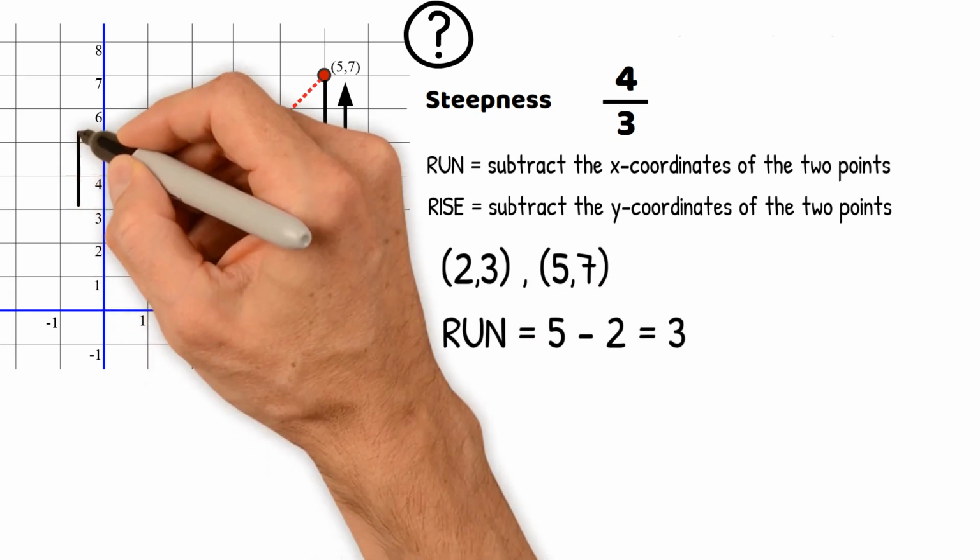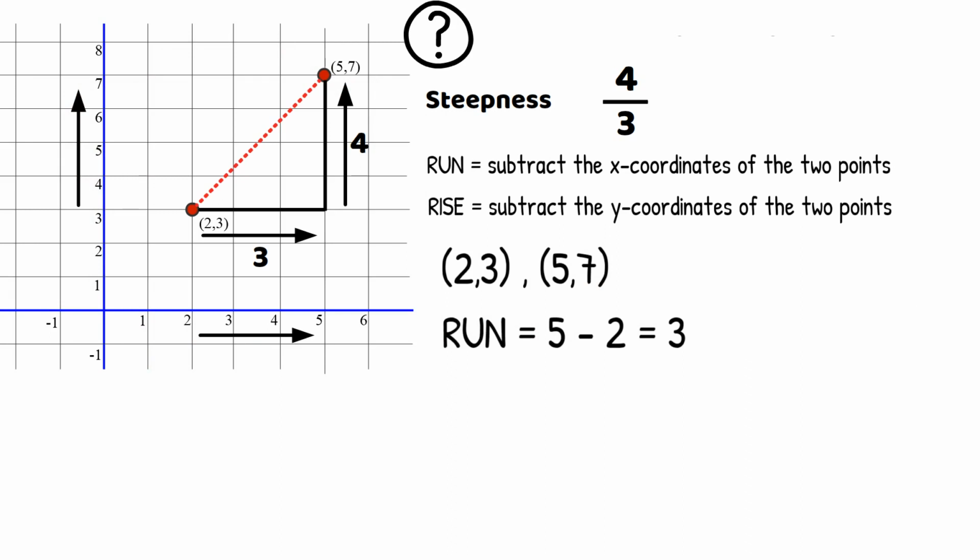The rise is the vertical distance, and since we start at 3 and move to 7, we travel 7 minus 3, or 4 units. In general, we don't even need to draw a picture for the location of the points, though it may be helpful. We can just subtract the corresponding coordinates to get the answer.